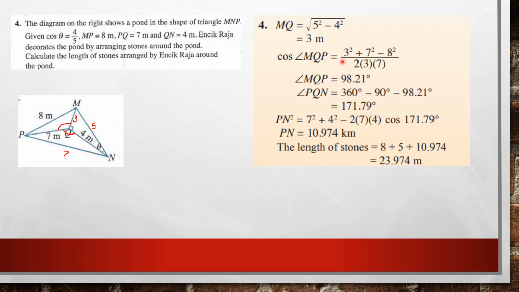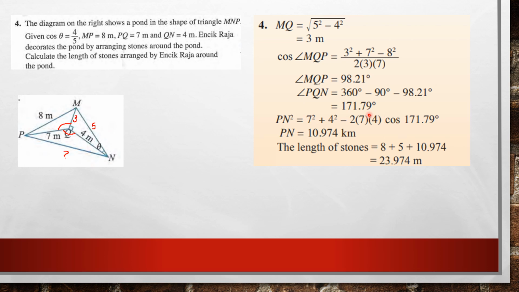By using the cosine rule, 3 square plus 7 square minus 8 square over 2 times 3 times 7, you will get this angle 98.21. You can notice that this is one full circle here, so you can take 360 minus 90, this is the right angle 90 degrees, minus the MQP that we found just now, 98.21. So you will get the angle PQN, that is 171.79.